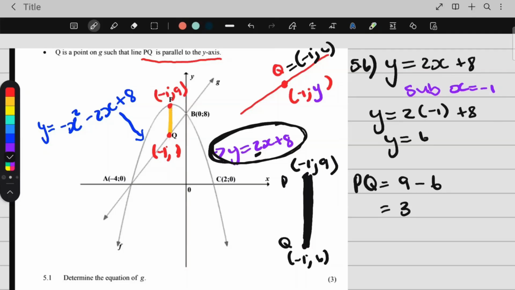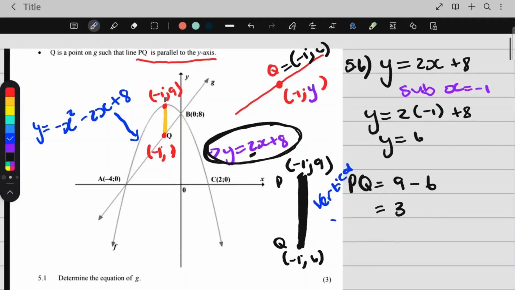And I get 3. And when I say top minus bottom, I'm referring to the y values. So you can make a note. If you are looking for a vertical distance, we only look at the y values. So top minus bottom. And this is units.